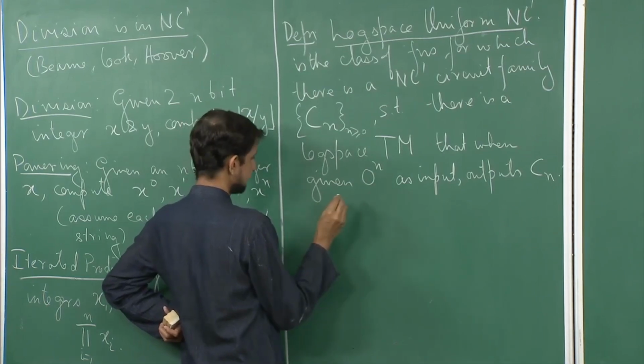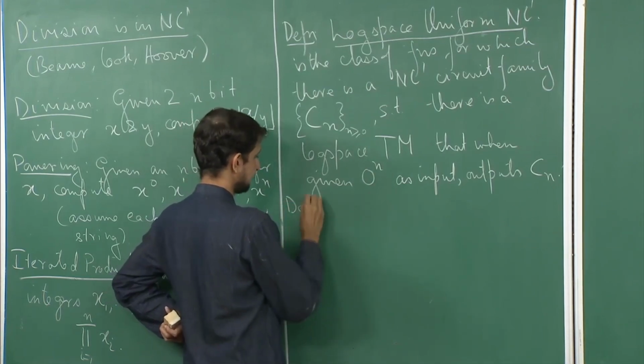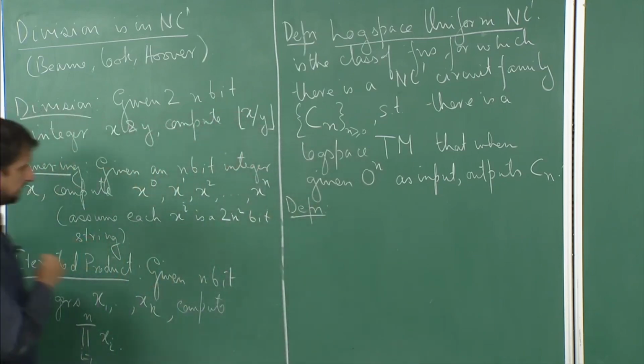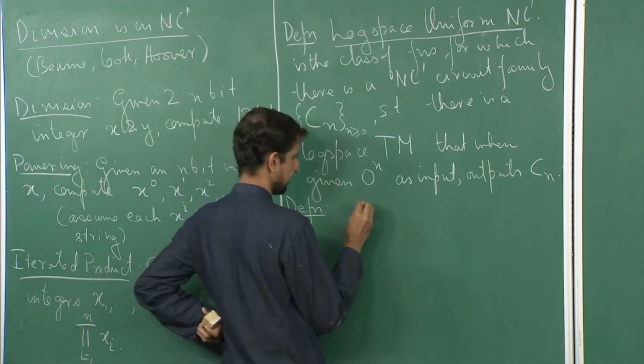So, this is log space uniform NC1. The next definition that I want to give is that of NC1 reduction.